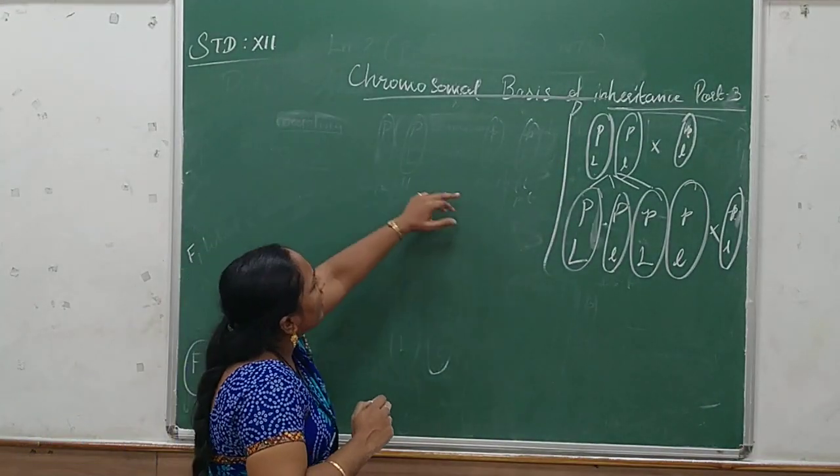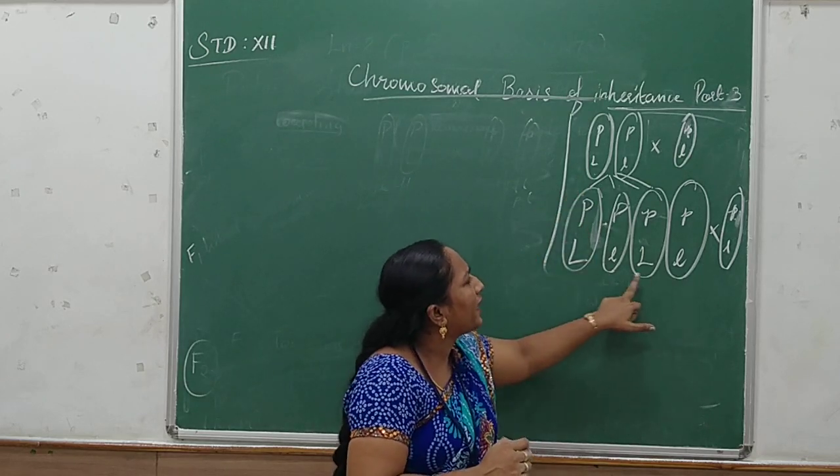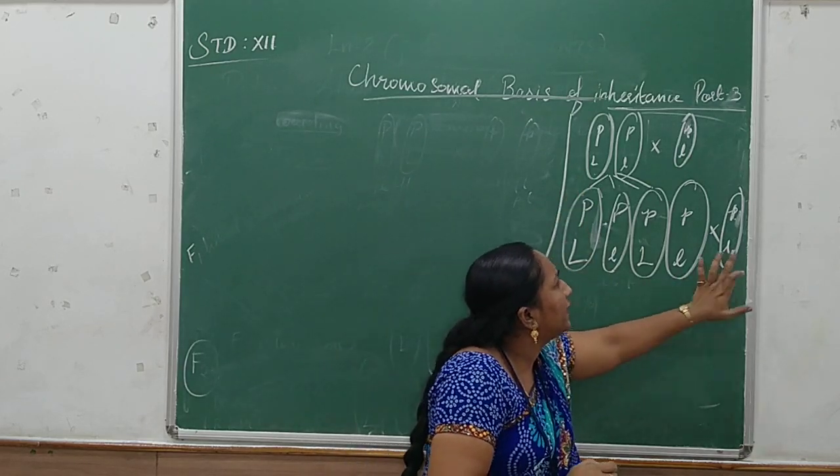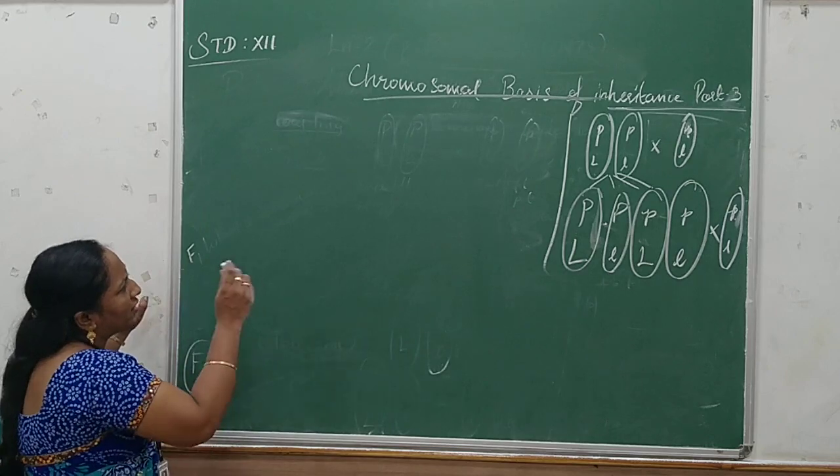The F1 hybrid possibility gametes are crossed with the recessive parent.